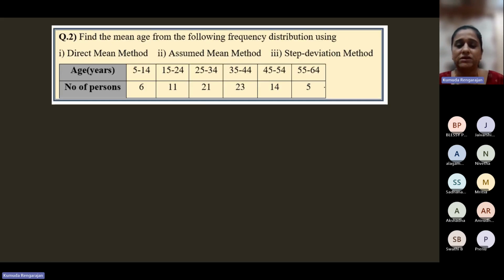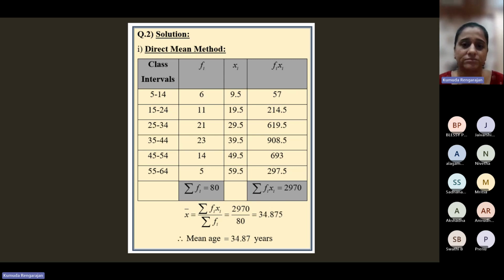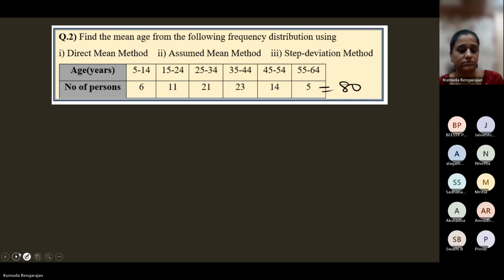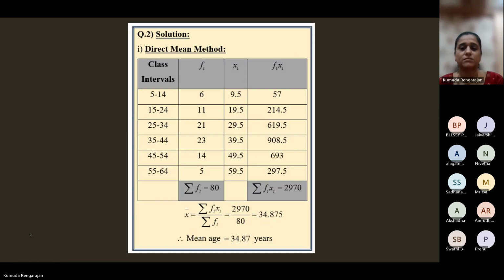So we have 80 people here. So the mean age means that on an average, every person in this data is around 35 years old. Okay, so this is how we find mean by the direct method.